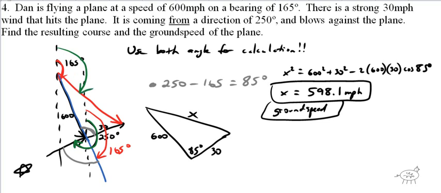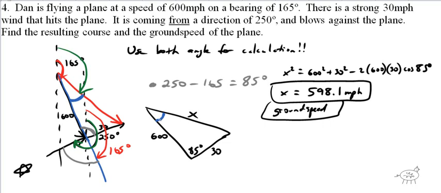In fact, if I subtract this angle right here, that's what I'm looking for, from 165, I'll get the resulting course. And again, you have to think logically, because if it blew the other way, you would be adding that angle. So thinking logically really helps you with the problem. Okay, because if it's blowing it to the left, that means the angle is increasing. If it's blowing it to the right, that means the angle is decreasing.